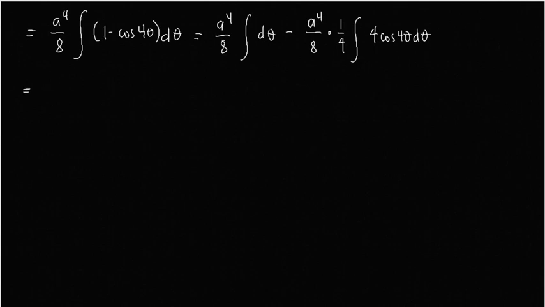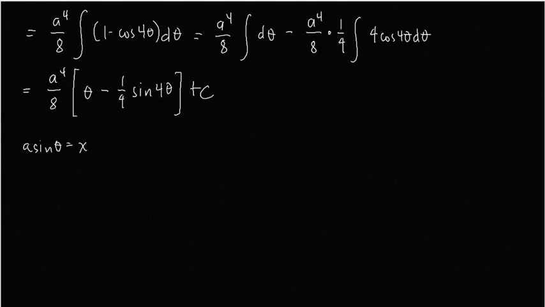And we can say that this is a to the 4th power over 8 times the quantity theta minus 1/4 of sine of 4 theta plus c. Right. Remember that we have a sine of theta equal to x over a a while ago. So that sine of theta is equal to x over a.